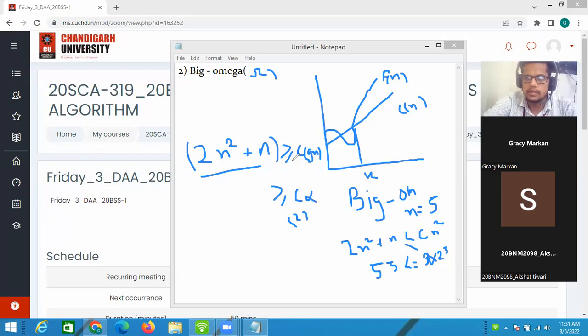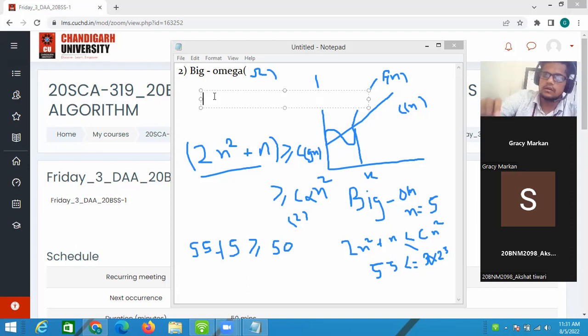Again, I am taking the example of this n square, right? Here we have 2 into 5 square, 50, plus 5, right? Greater than or equal to, here we have 50. So big omega is for the lower bound, the lowest condition.